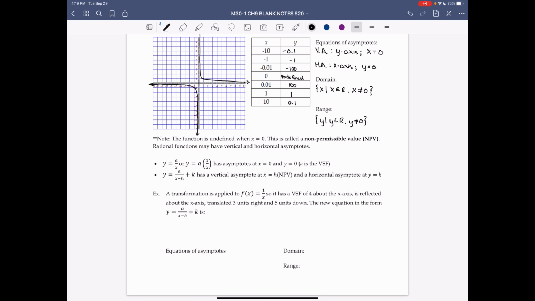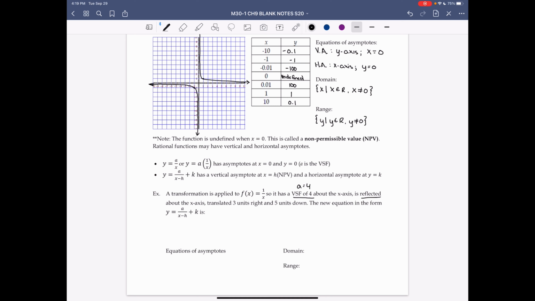A transformation is applied to f of x equals 1 over x, so it has a vertical stretch factor of 4 about the x-axis, is reflected about the x-axis, translated 3 units right and 5 units down. The new equation in the form y equals a over x minus h plus k is: we have a vertical stretch factor of 4, that means a equals 4.